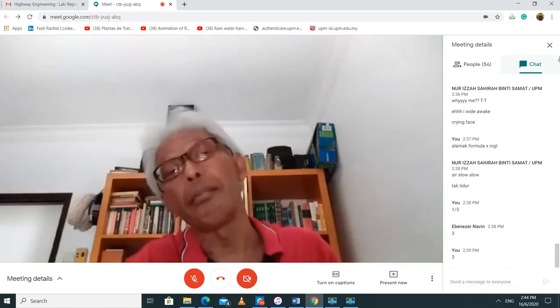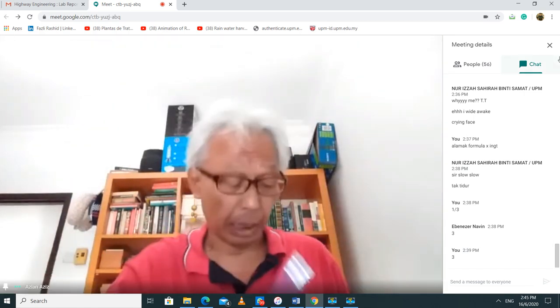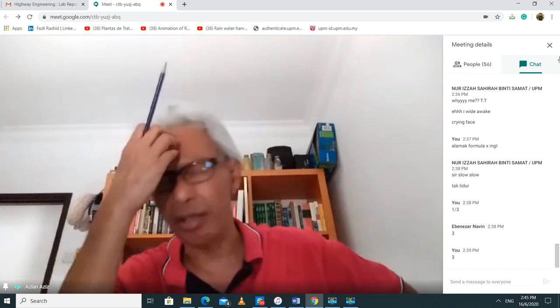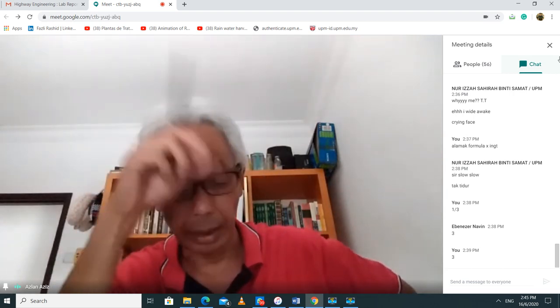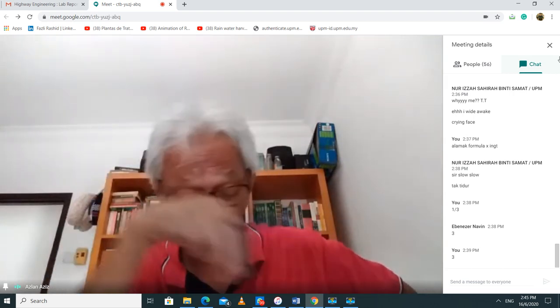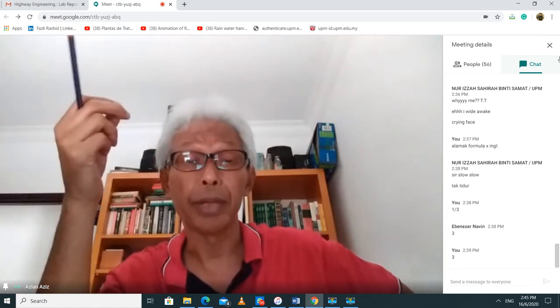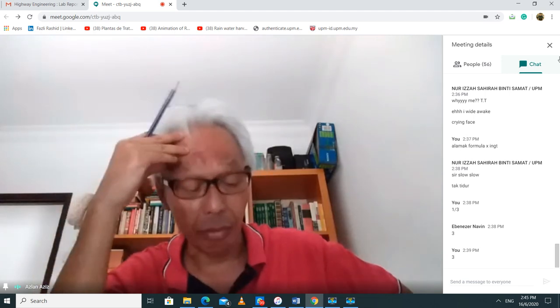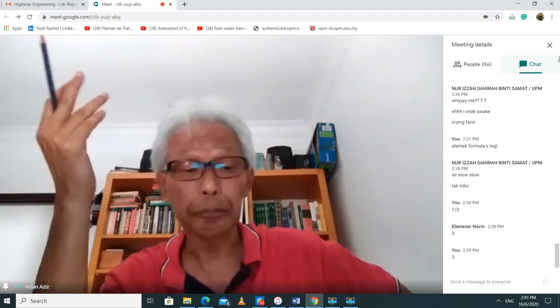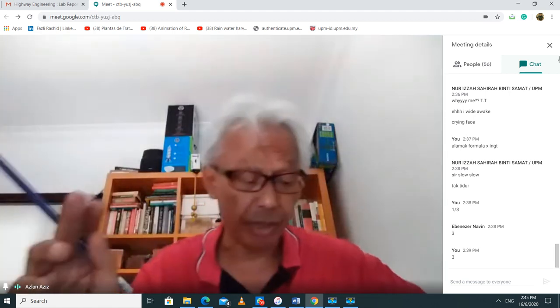So if you look at that Mohr circle, I have shear stresses against normal stresses. The shear stress is on the vertical axis, and the horizontal axis is sigma. Sigma is the vertical stress, or the horizontal stress.